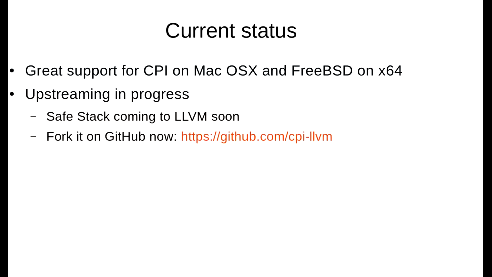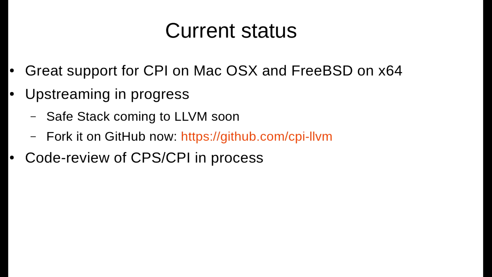We're hoping to finish integrating the safe stack soon, and we'll then continue with the CPS and CPI patches. You can fork the current version on GitHub. It's all out there. Feel free to give it a try. And we're happy to hear back from you if you find bugs, if you find other things.